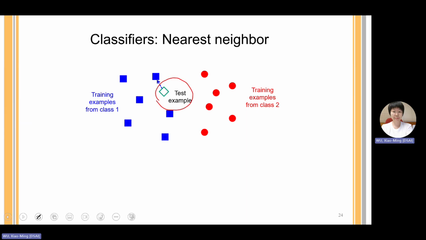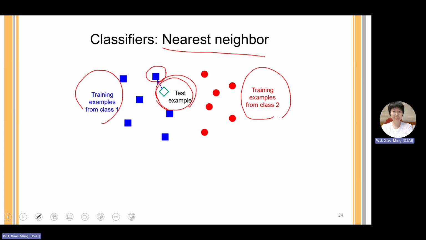So what should we do? We look for its nearest neighbor and assign the category of the test example to the class of its nearest neighbor. The concept is quite simple. As long as we have training data, we can do nearest neighbor.